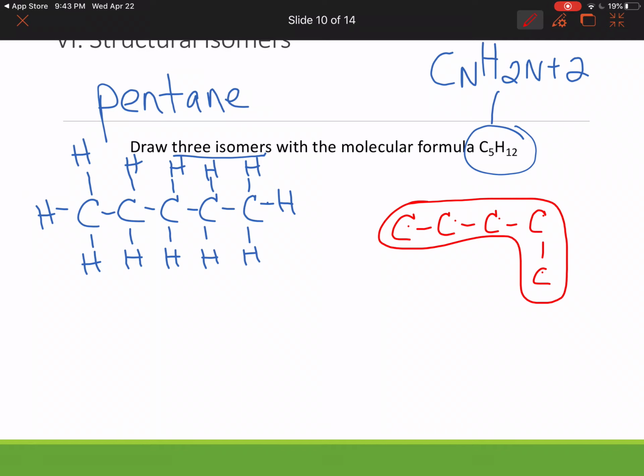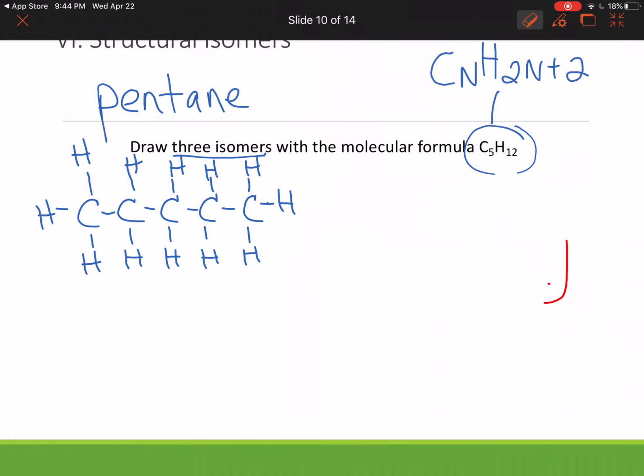You, in drawing it, decided to turn it. That doesn't mean that it's different. That just means that you drew a different flat 2-dimensional picture that actually isn't different structurally. It's still going to get the same name as pentane because that's the longest continuous chain and there's no side branches. Okay, so that is incorrect.